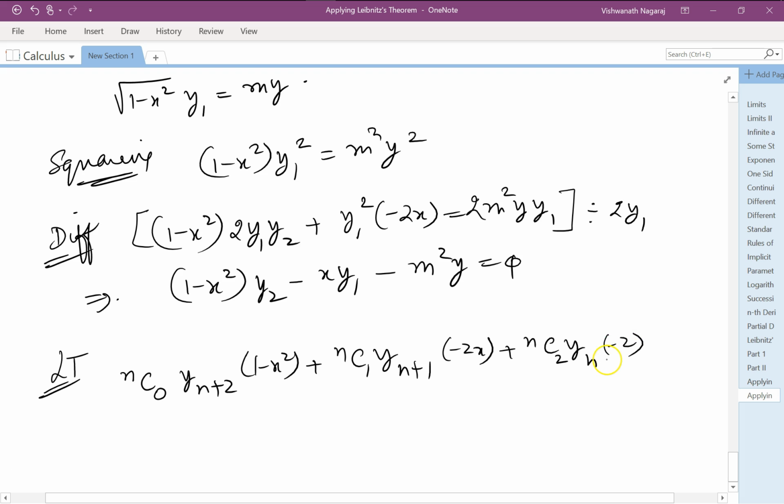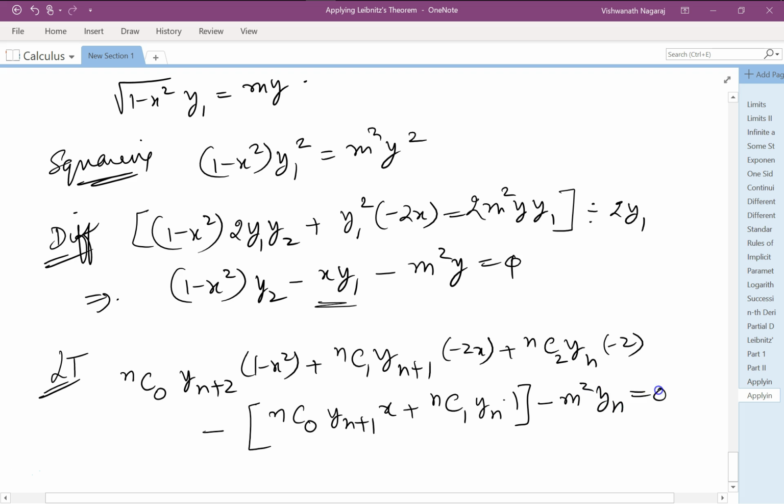In the next term it will become 0, since differentiating minus 2 gives 0. Plus, now we have to do it for this. Not plus, minus nC0 yn plus 1 x plus nC1 yn times 1, minus m square yn equal to 0.